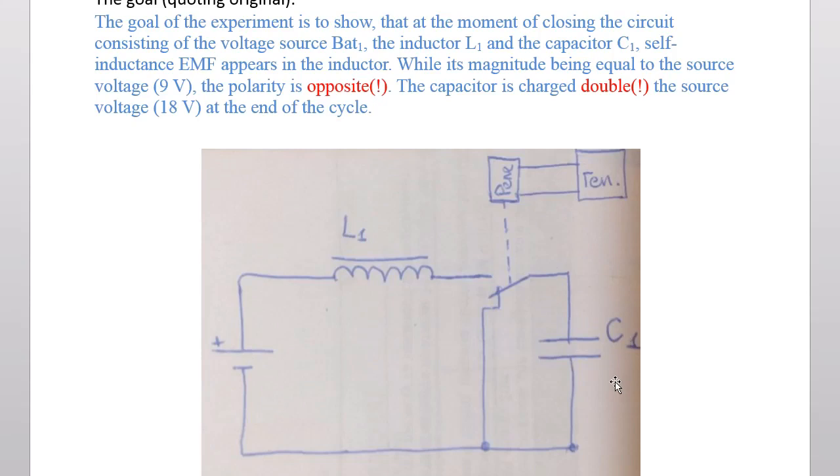At the moment of closing the circuit, self-inductance EMF appears in the inductor, its magnitude being equal to the source voltage, 9 volts, and the polarity is opposite. The capacitor is charged to double the source voltage, 18 volts, at the end of the cycle.